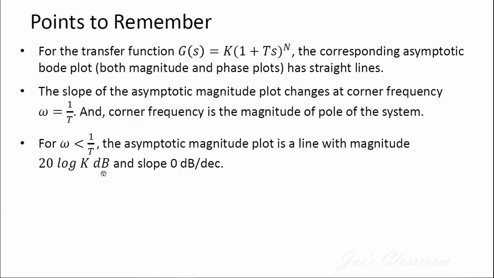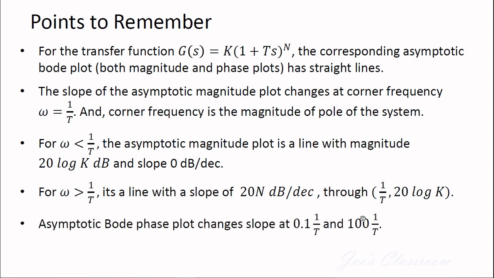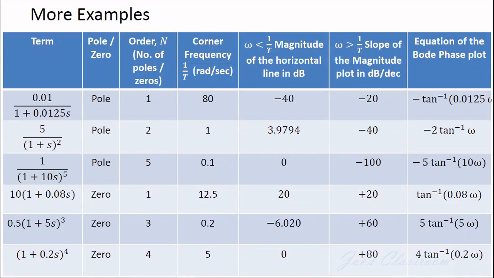What are the values? 20 log K, and a line with plus 20n decibels per decade. Again, here there's a mistake, it's 0.1 times 1 by T and 10 times 1 by T. The Bode phase plot will change the slope at these values.